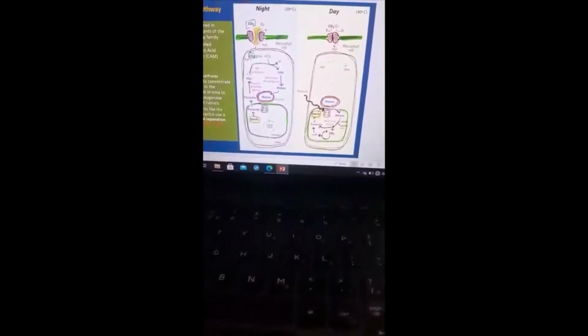So in these plants, what takes place in the mesophyll cells in C4 plants during the day? In CAM plants, that part takes place during the night within the mesophyll cells. The common issue is here also during the night, everything is taking place within the mesophyll cells.